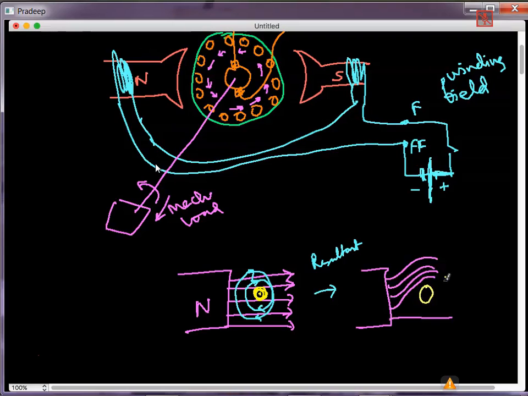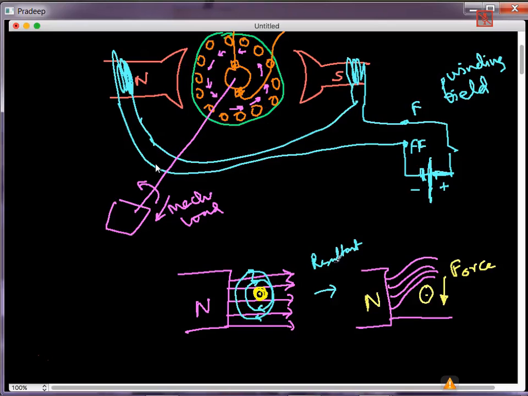Therefore, a force is generated downwards. Similarly, this is a north pole, so there is a downward force on this side. On the other side, the current will be reversed, and the field is the same, so there will be an upward force. Overall, one downward force and one upward force will result in a torque, and the machine will start rotating.